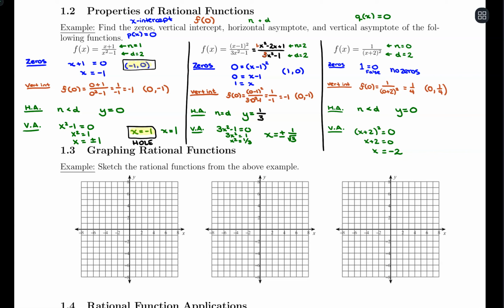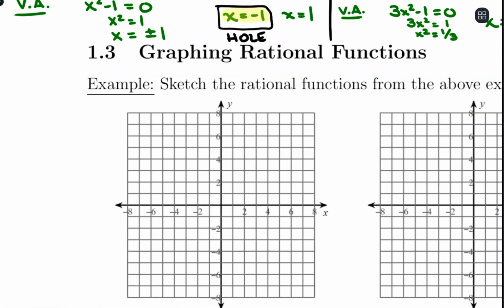So with the x plus 1 over x squared minus 1, remember we ran into the fact that we solved for a zero that's negative 1, 0, but when we went to find the vertical asymptote, we actually found out that we're undefined there. So what's happening here is if I have that function x plus 1 over x squared minus 1, if I factor that denominator, I have x plus 1 over an x plus 1 times x minus 1 coming from that difference of squares.